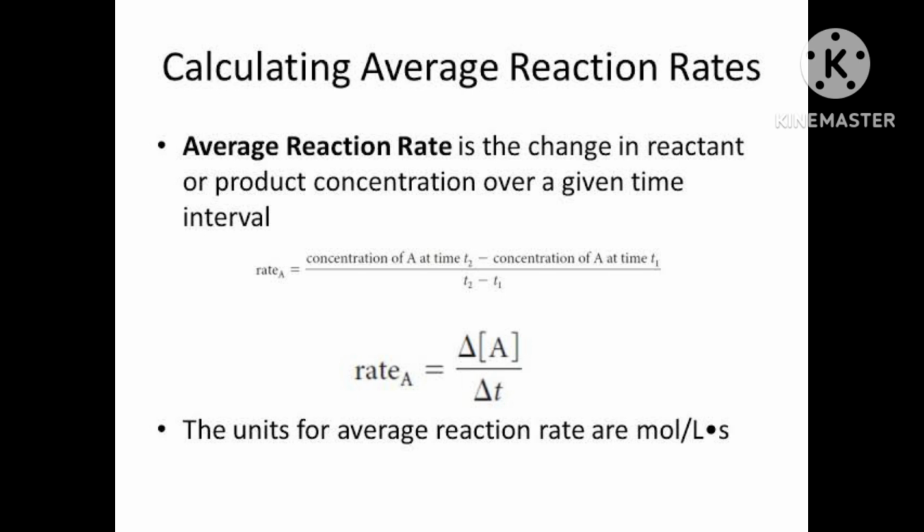That concentration you will come to know, and time you also know. Then concentration divided by time, and you can calculate what the rate was at that moment. Correct? Then I have told you this is the instantaneous rate.